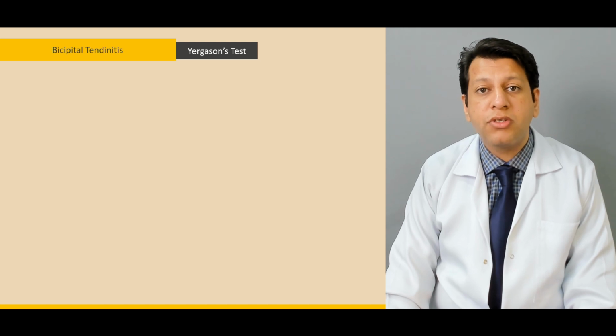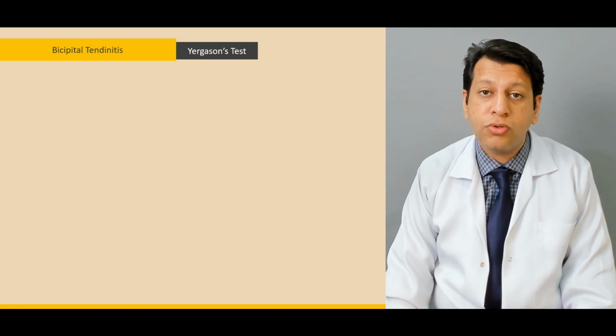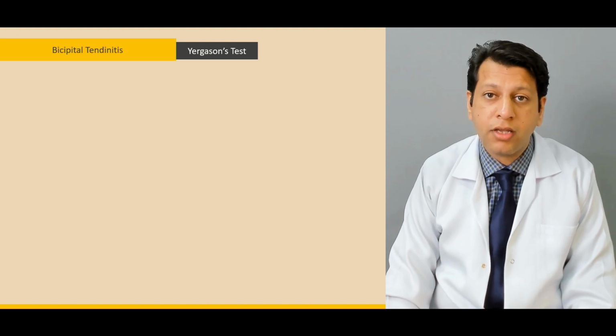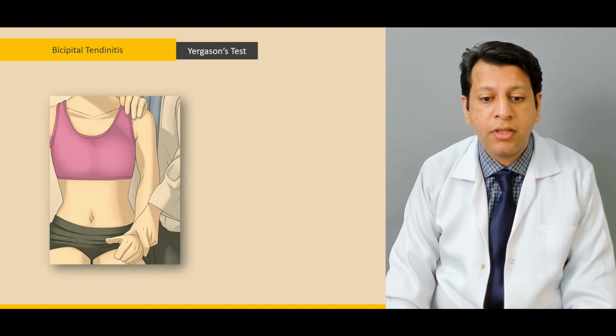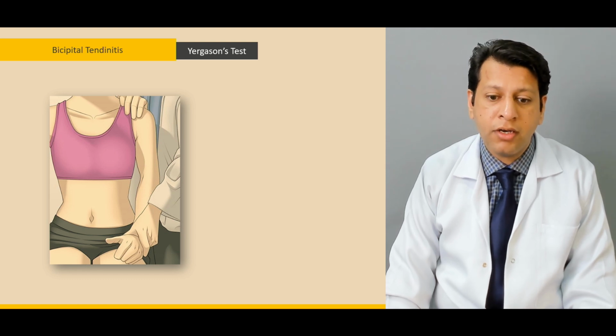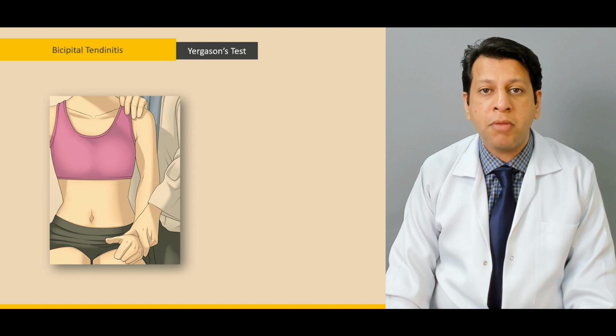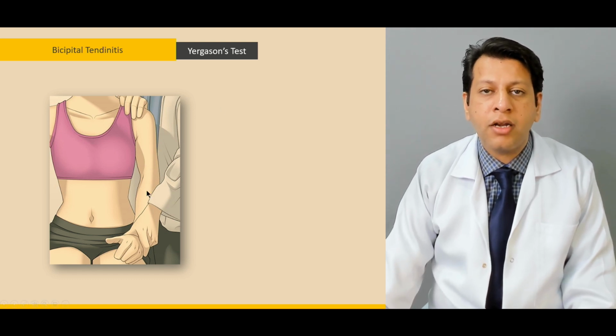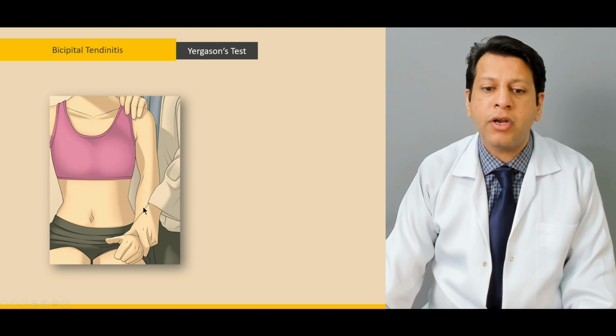Now, the other option is the Yergason test. As I told you, anatomically the main function of the biceps brachii is the supination of the forearm. In this test, the patient can be comfortably seated and the forearm pronated, with the elbow flexed to 90 degrees, or at least 70 to 80 degrees.